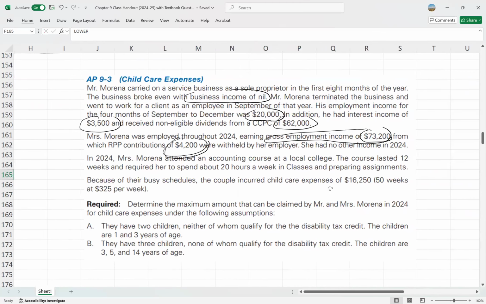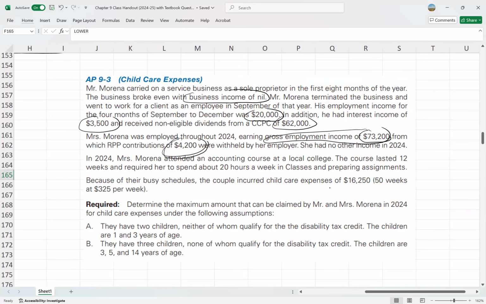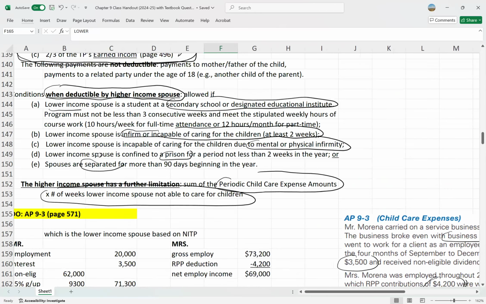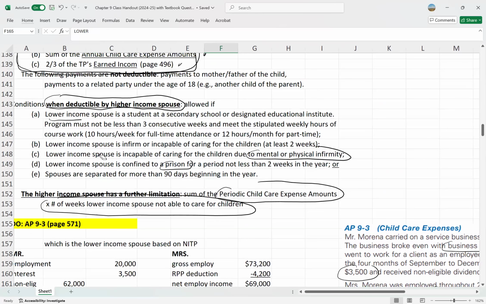In 2024, she attended an accounting course at a local college, lasted 12 weeks, required her to spend at least 20 hours a week in class and preparing for assignments. And so this met one of the conditions. If you go back to those conditions up here, when can the higher income spouse claim childcare expenses? If the lower income spouse is going to school and the program must not be less than 3 weeks, it lasted for 12 weeks, and it must be at least 10 hours a week full-time or 12 hours per month part-time.